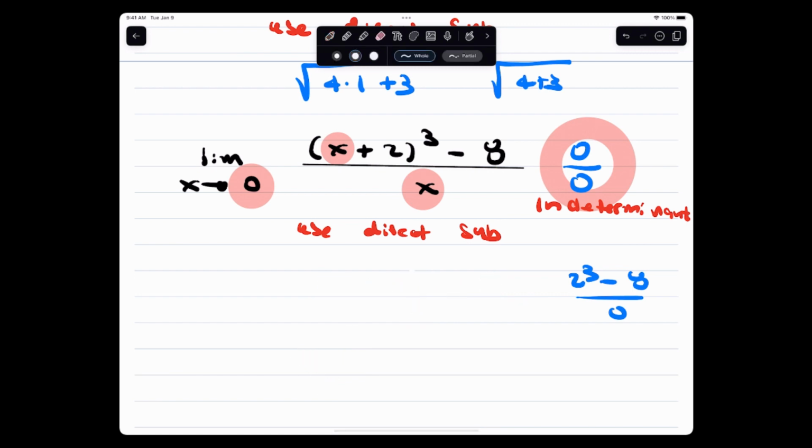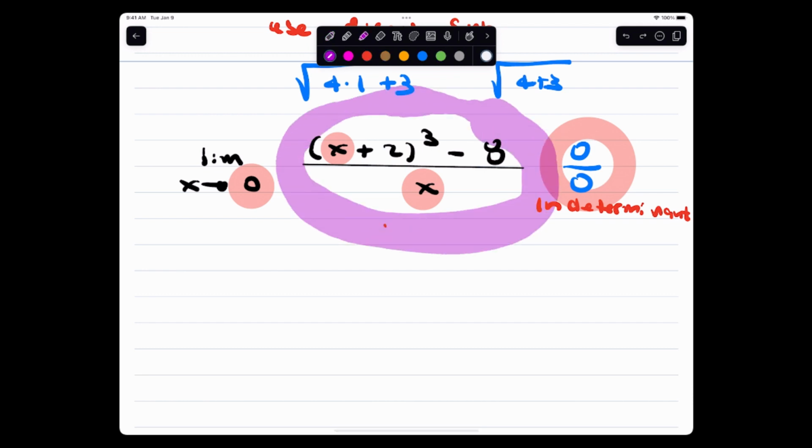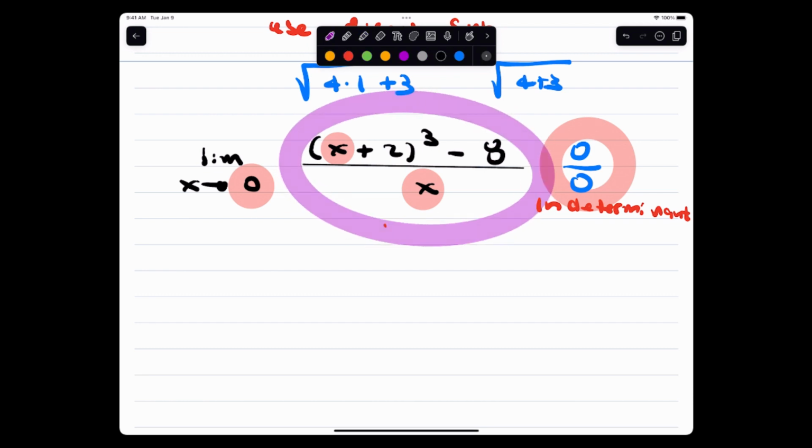So now you might tell me, well, what do I do now? Because all the other indeterminate questions you had, you just simply factored. Is that true? Well, what do I do here? What kind of algebra do I do now?